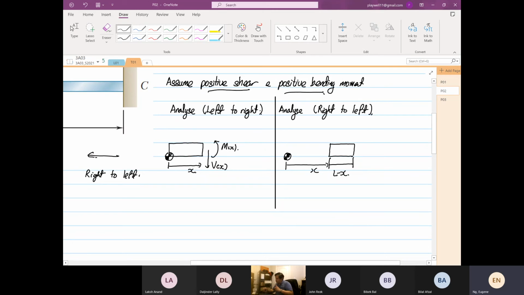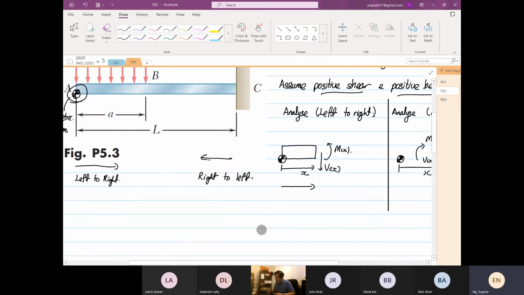Now remember, this is still positive shear and positive bending moment. Now the shear force goes up, and the bending moment is in the clockwise direction. So this is left to right analysis, and over here is right to left analysis. You have to get this clear first.